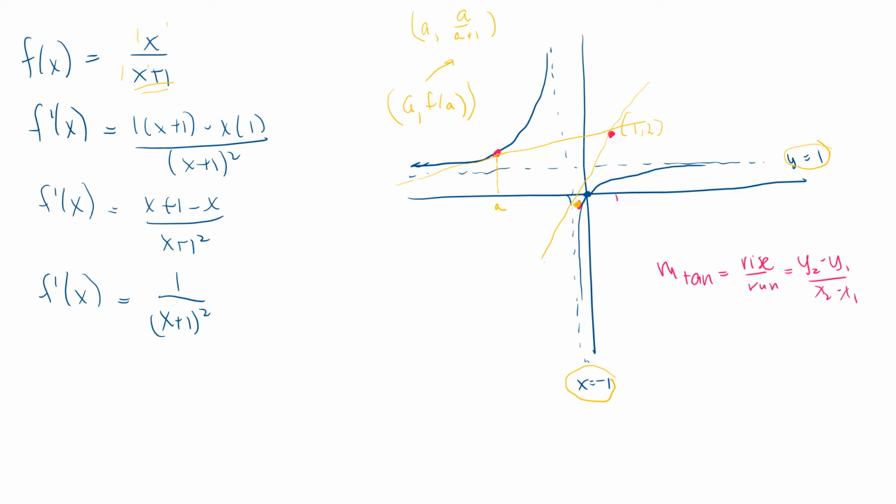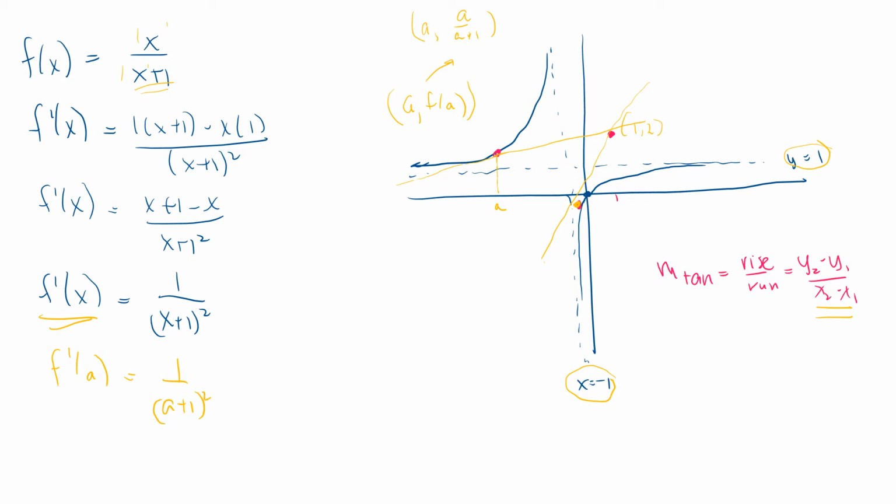Now, what we know is that the slope of the tangent line has to be the same whether you calculate it using the derivative or you use the rise over run. I've calculated the derivative here for you, or found the expression for the derivative, and at A, the derivative looks like this.